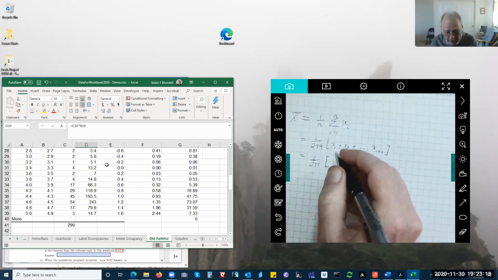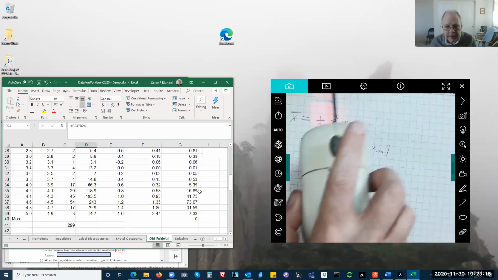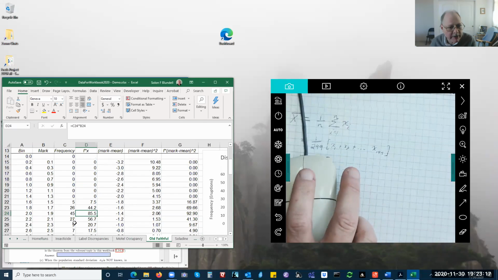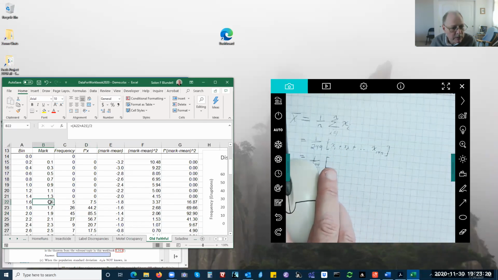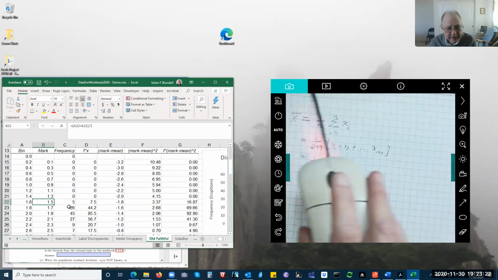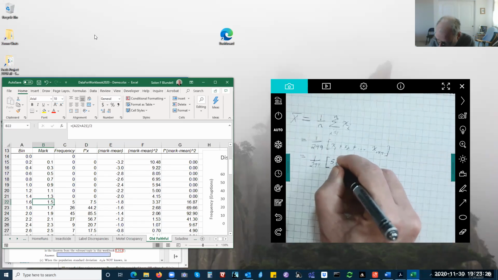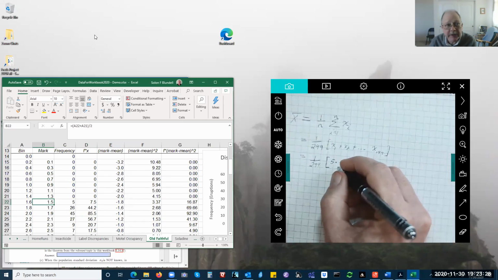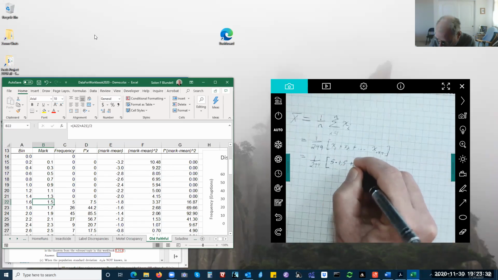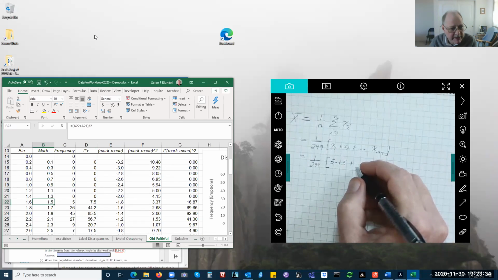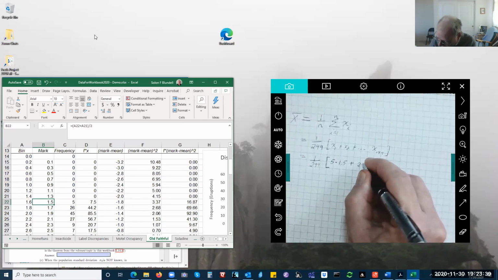There were 5 eruptions that lasted just about 1.5 minutes. See, so we had 5 times 1.5. And then we had 26 eruptions that lasted about 1.7 minutes.